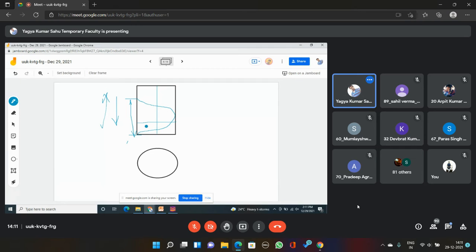Suppose the pitch of a helix is 20 mm. So what will be the length traveled by that point for one fourth revolution? 5 mm. Is it clear now? What is the meaning of pitch?